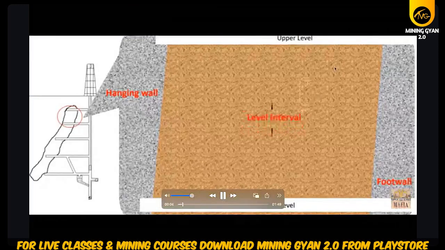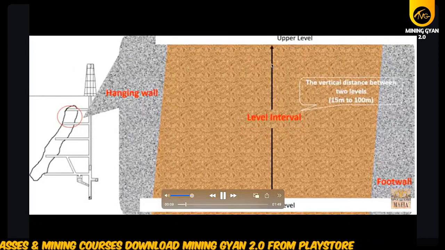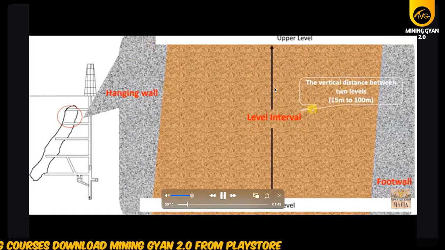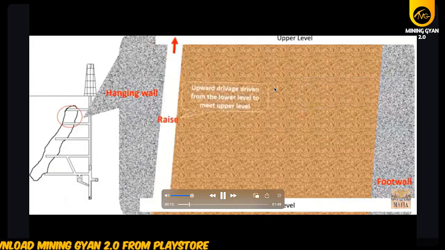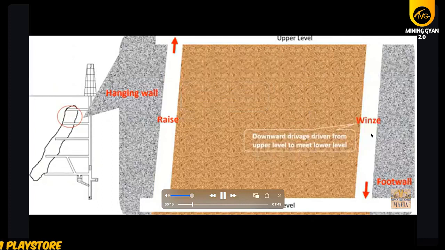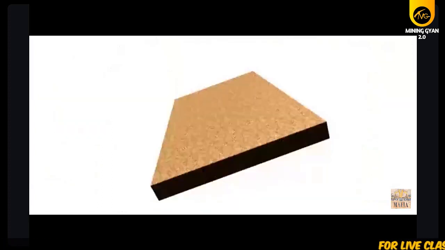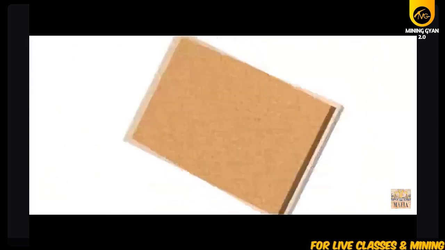First the upper level is created, the lower level is created. This is the level interval, which should be 15 to 20 meter. We make levels and winches. This is our stope. With the help of raise and winch we have developed.